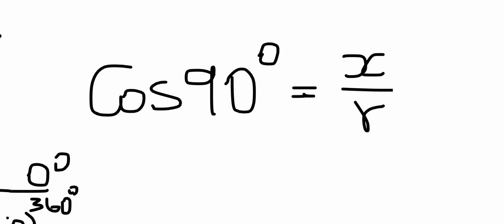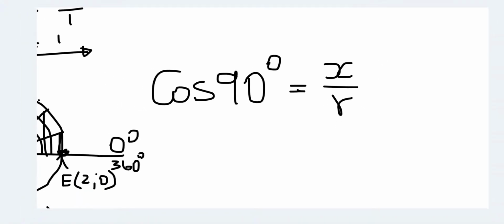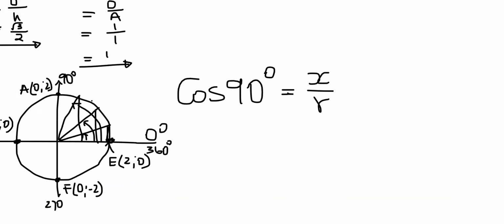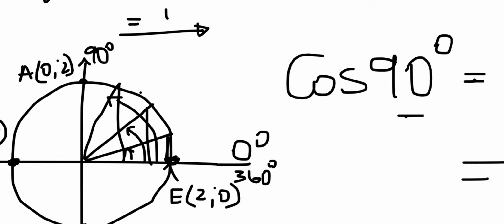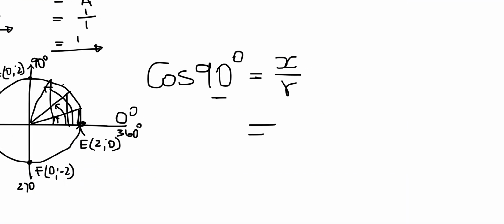So now the question that we are having is to say what will be the x value there. The x value where the angle is 90, we therefore focus on point A. The x value is 0.